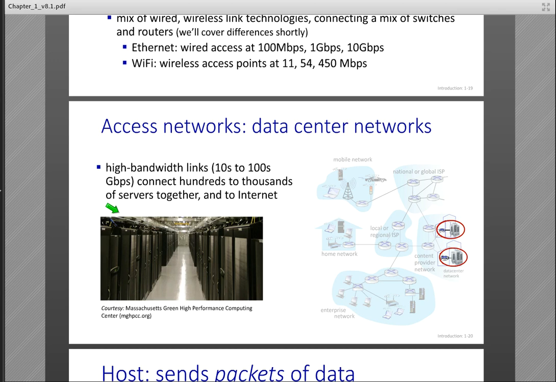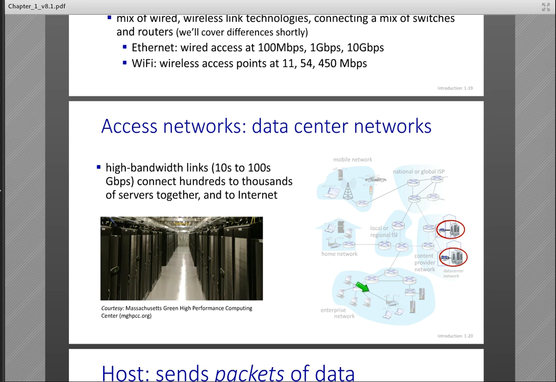The minimum speed in a data center is 10 gigabit per second, but mostly 40 gigabit per second or even 100 gigabit per second connections are used in data centers.